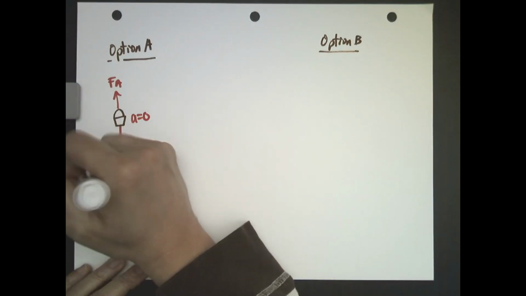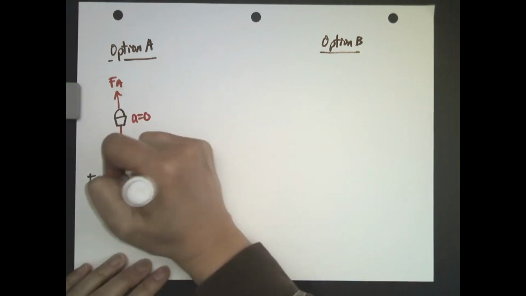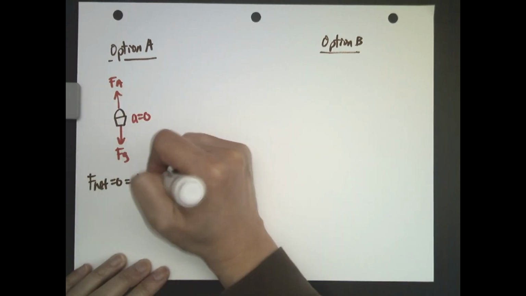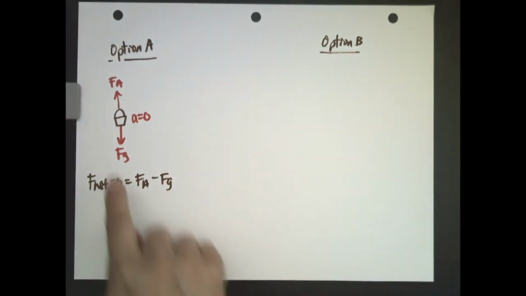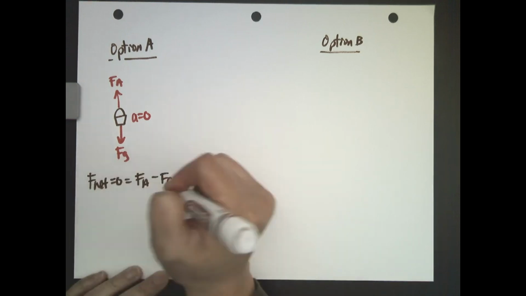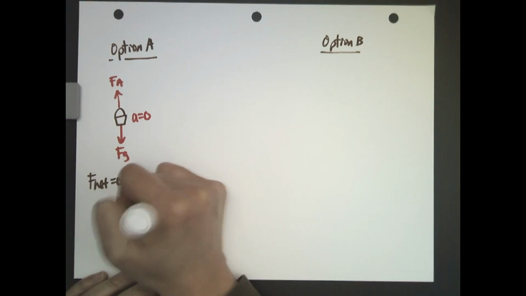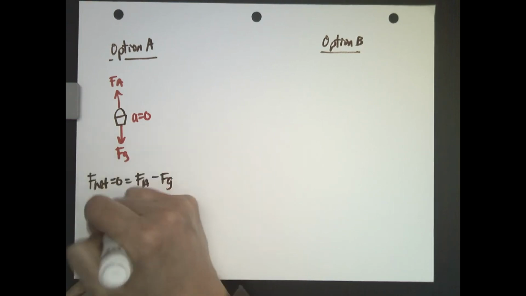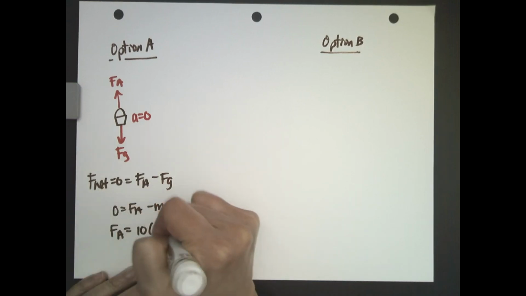Perfect. So let's write out the Fnet equation. Fnet is equal to 0, and in this case, Fa minus Fg. Remember, Fa is up, that's why it's positive. Fg is down, that's why it's negative. All right, let's plug the rest in. We have 0 is equal to Fa minus mg, and Fa is now equal to 10 times 9.8.